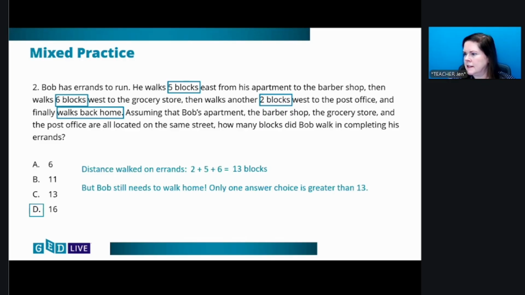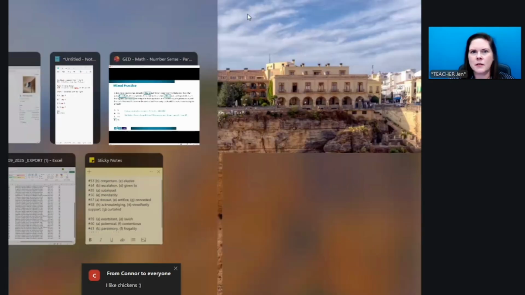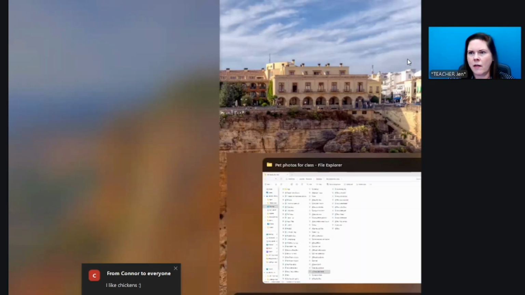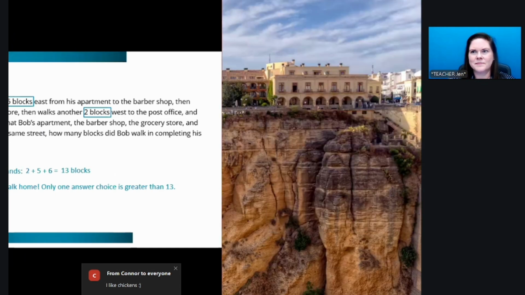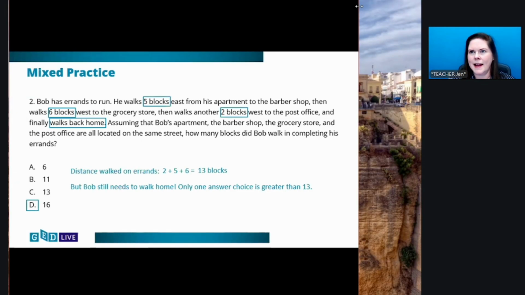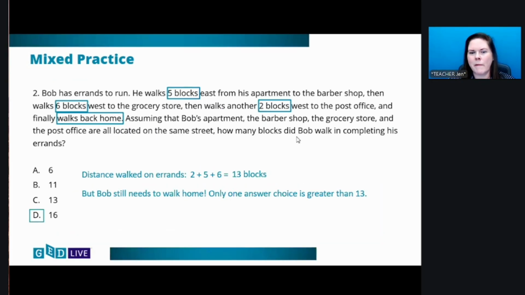Okay, so in May, like Memorial Day, oh, Jen. Let me see if I can restore this. There we go. So in May, my hen hatched 3 chickens. This is what they look like.